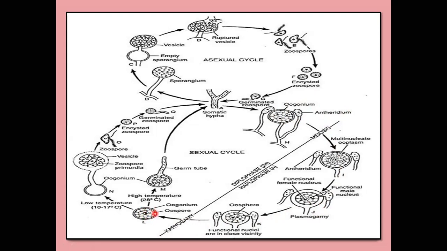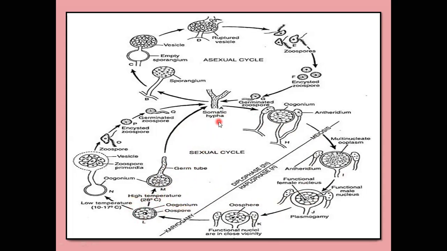These spores germinate under favorable conditions, meaning when the atmospheric temperature exceeds 28 degrees Celsius. Finally, the oospores also develop somatic hyphae. In this way, the life cycle of Pythium is completed by the sexual manner, finally developing the oospore.